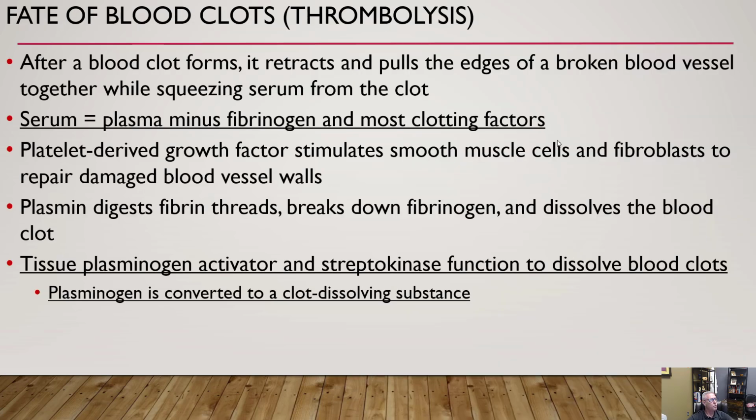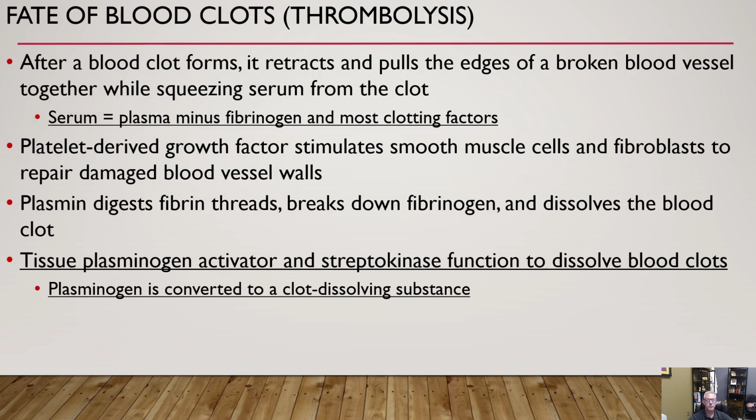So what happens after we have a blood clot? How do we get rid of a blood clot? With a blood clot, it's going to pull the edges of the broken blood vessel together while squeezing serum out of the blood clot.